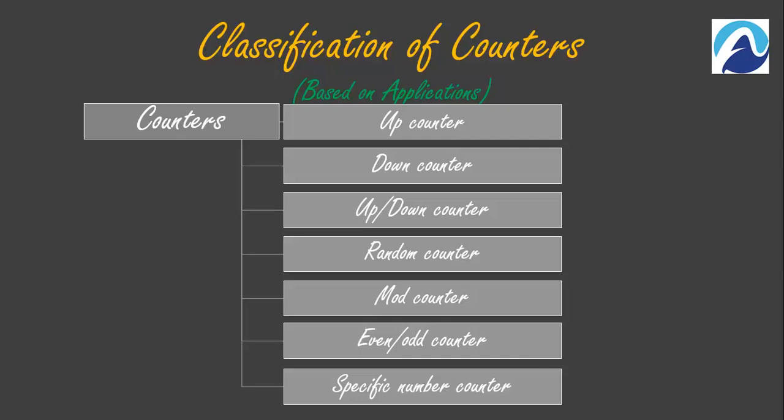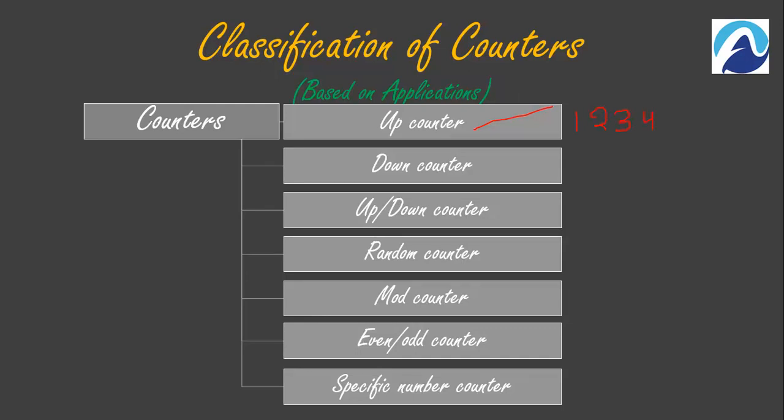We can also classify the counters on the basis of application. We have also seen this in the last video. An up counter can count 1, then it will show 2, then 3, then 4, and so on.